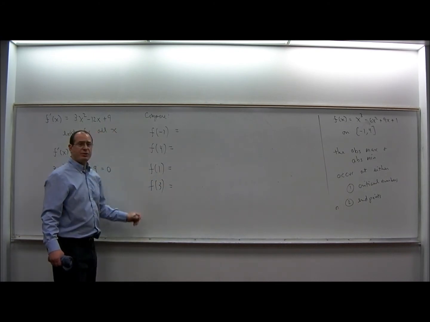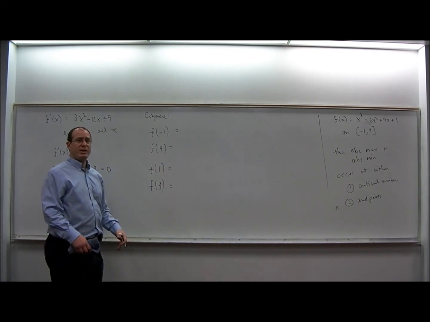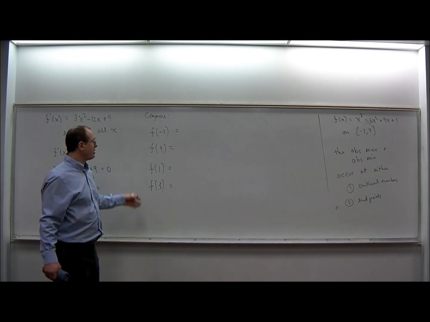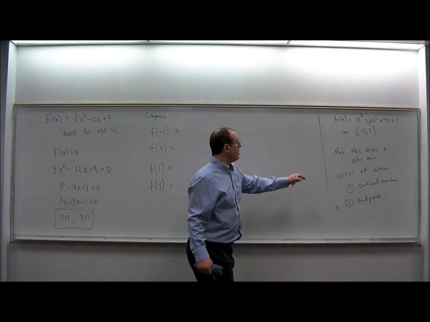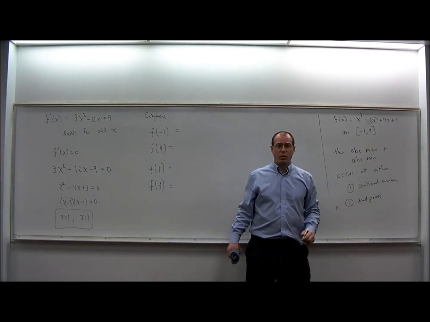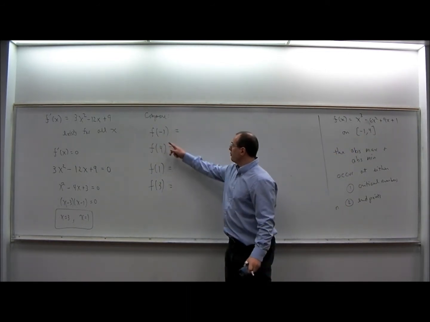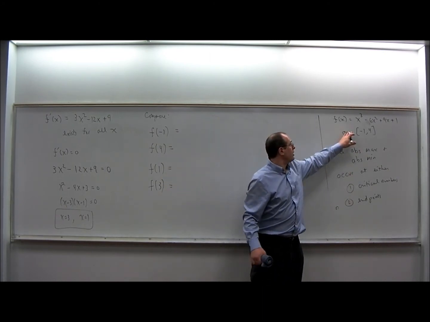Whichever of these values comes out to be the biggest will be the absolute maximum value of the function, and whichever is the smallest will be the absolute minimum value of the function on the interval from -1 to 4. So if you plug these numbers into the function, what do you get?